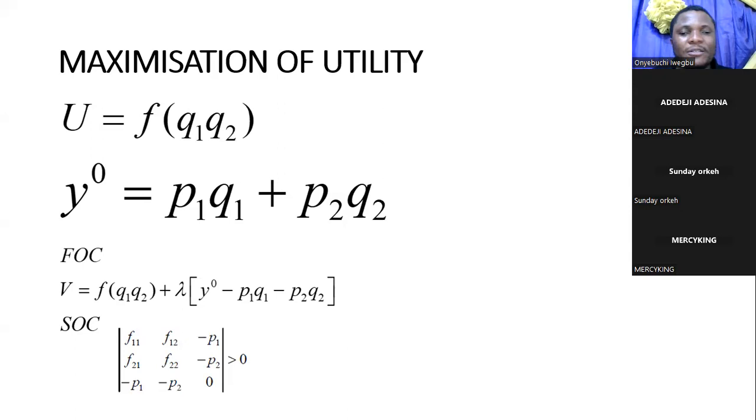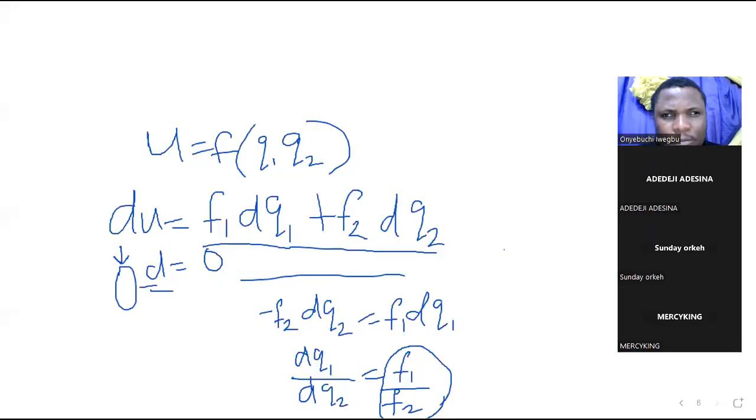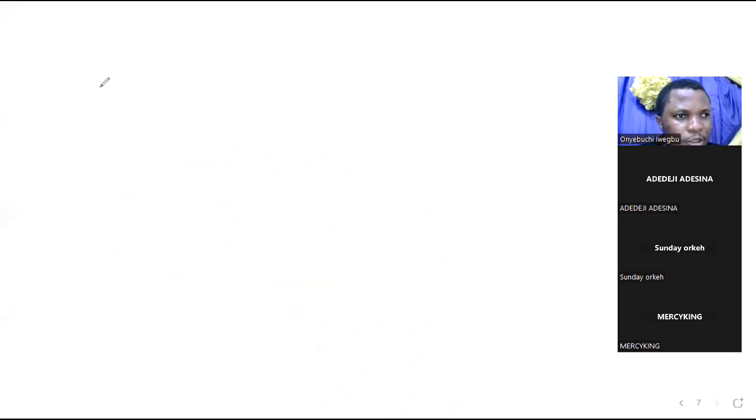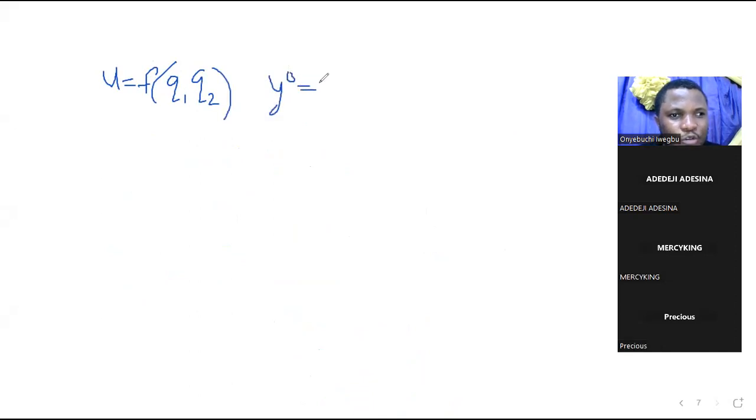So I have my utility function, U is a function of Q1, Q2, and I have my budget Y0 equals P1 Q1, which is the price of goods 1 times the quantity, plus the price of goods 2 times the quantity.